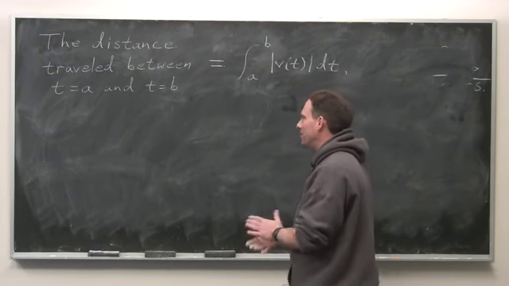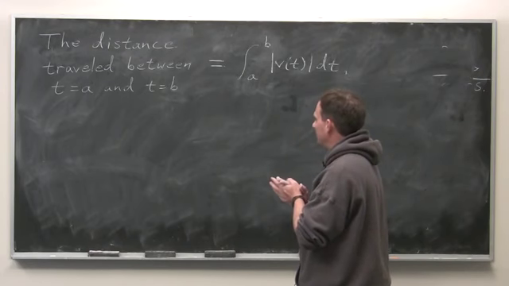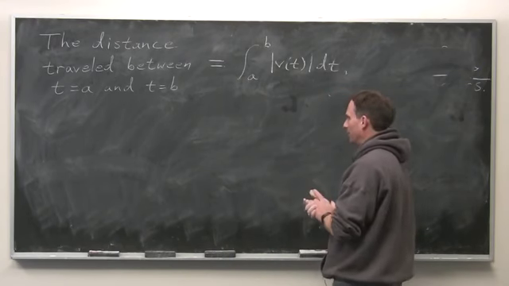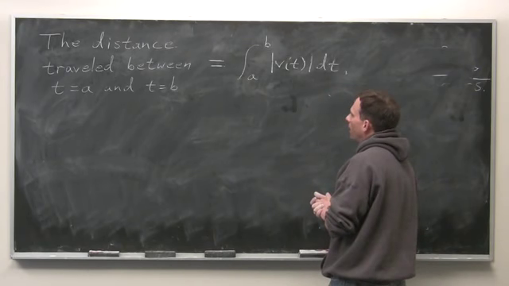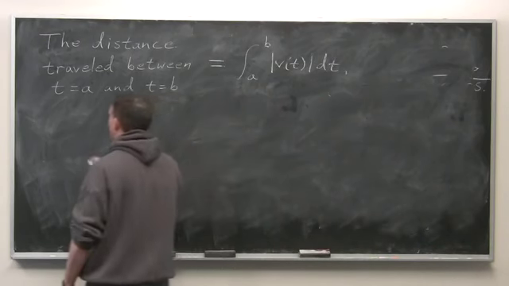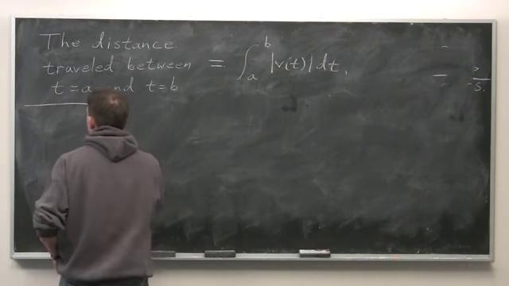It doesn't seem like that big a deal, but it is, and I'm going to do an example related to the example we did with displacement. After I make a comment, why don't we go ahead and look at the distance traveled.